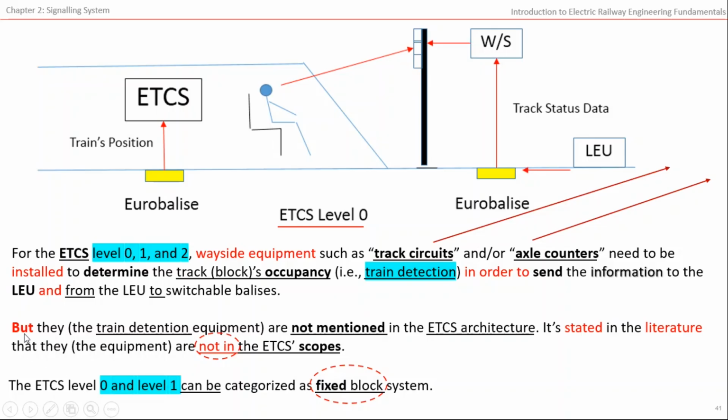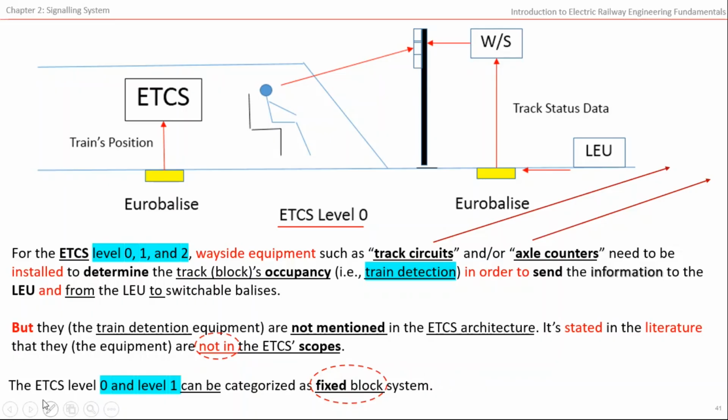But I said already that the train detection equipment is not mentioned in the ETCS architecture. It is stated in the literature that the equipment for train detection is not in ETCS scope.